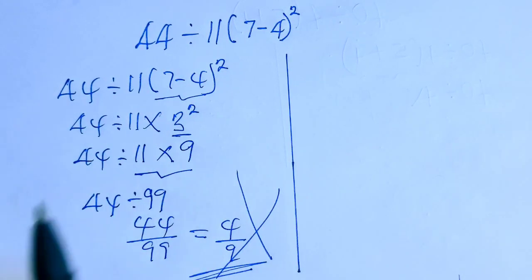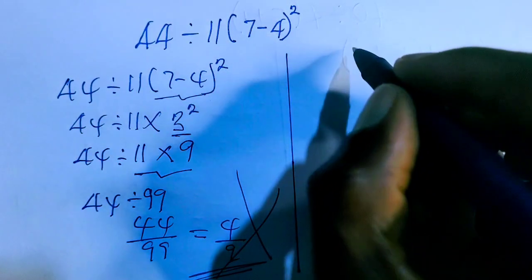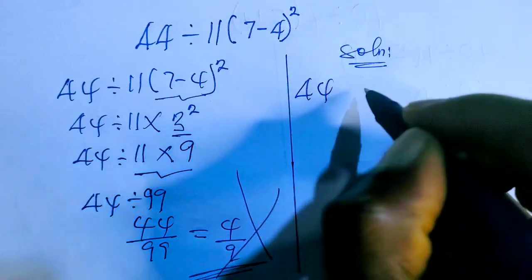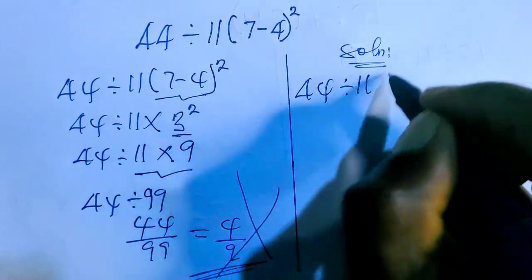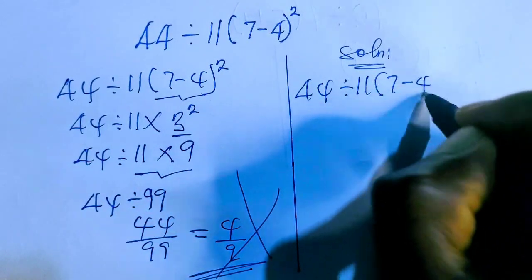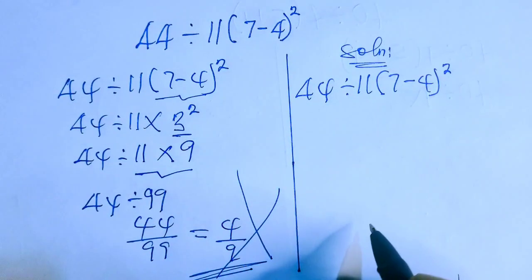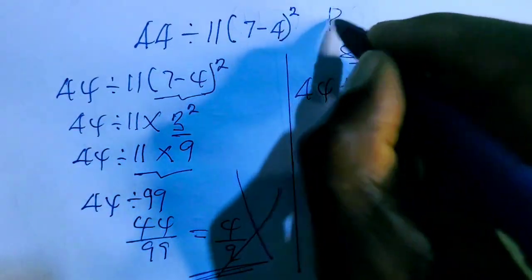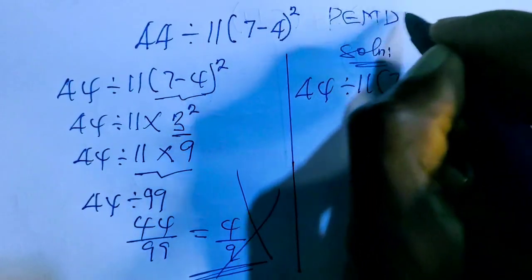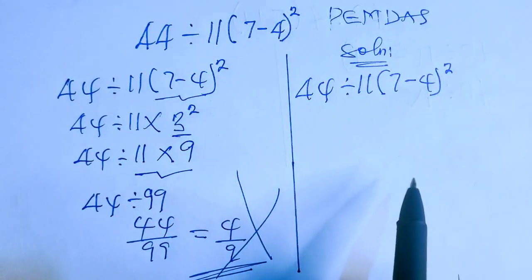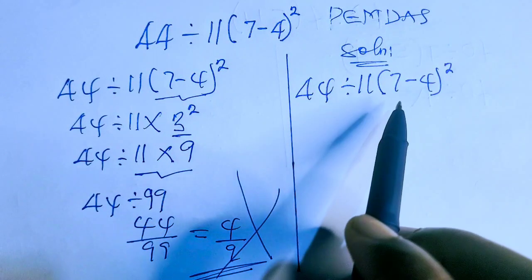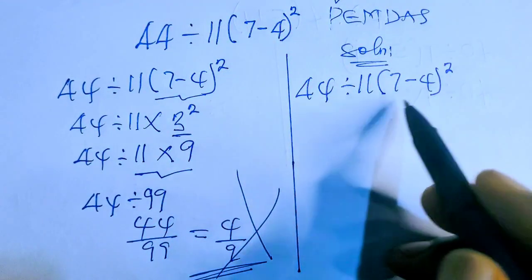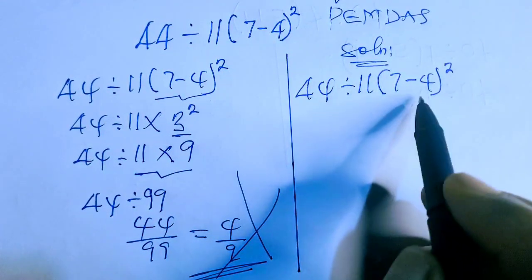Don't make this mistake. Now, to get this correctly, we are going to have this 44 divided by 11 into 7 minus 4 to the power of 2. Then right here, we are going to apply PEMDAS. Now, following this order of operation, the first thing to be considered is parentheses, which is this bracket here.